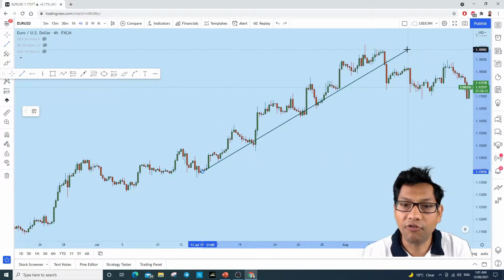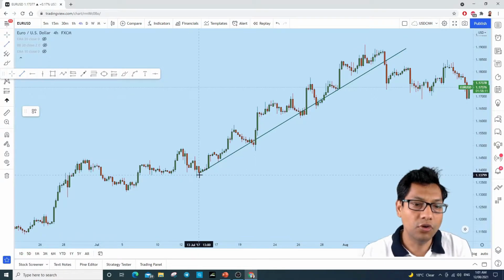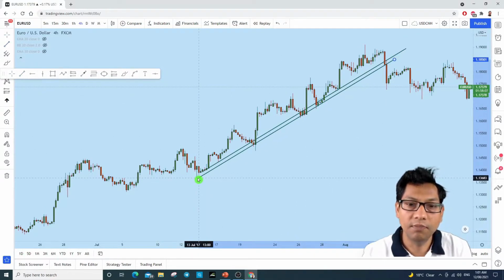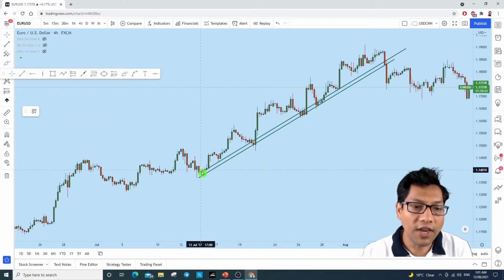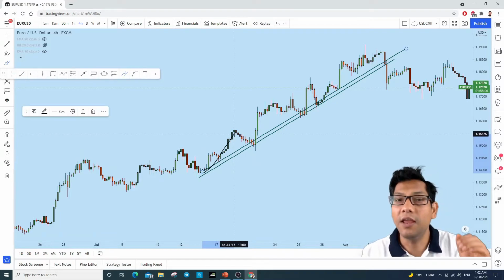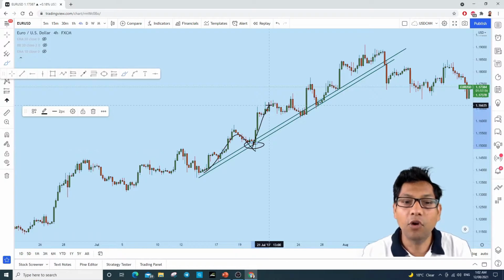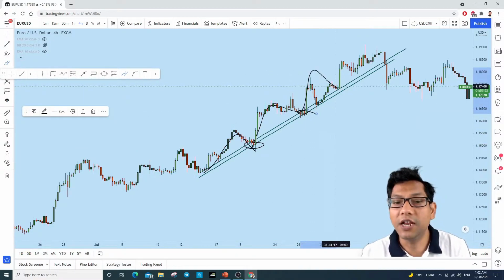So let's draw a trend line. So this could be a potential trend line or trending zone. If you draw a trending zone, these are the zones that you can consider potential buying opportunities. Now what you will be doing, basically you will be waiting for the price to create an impulse, correcting to the trend line, and again followed by an impulse, again correcting to the trend line, and again followed by an impulse correcting to the trend line.